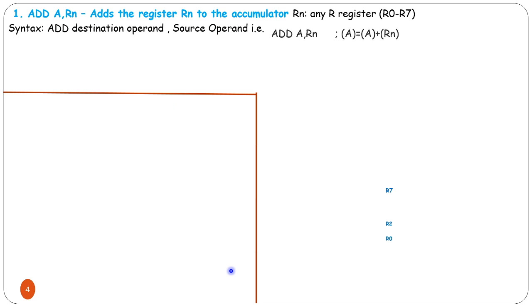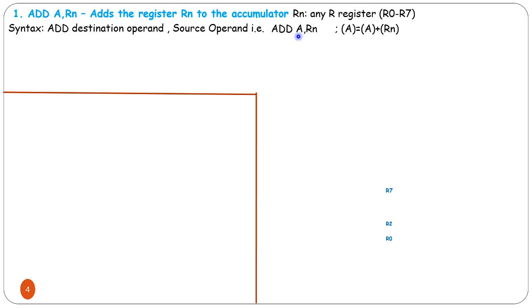ADD A, Rn. Rn means the value of register R0 to R7. Add the register Rn to the accumulator. The syntax for this is: add destination operand to the source operand, ADD A, Rn.